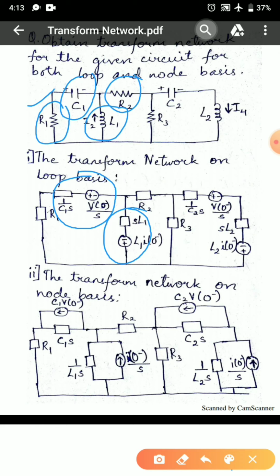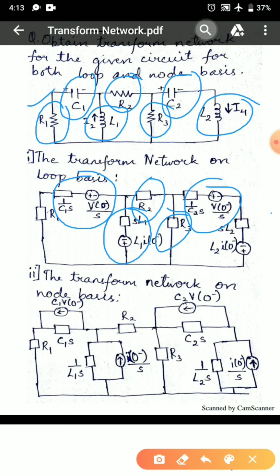For R2, we have R2. For R3, we have R3. For C2, we have again 1 by C2S plus V of 0 minus upon S. And for L2, we have S L2 minus L2 I of 0 minus.